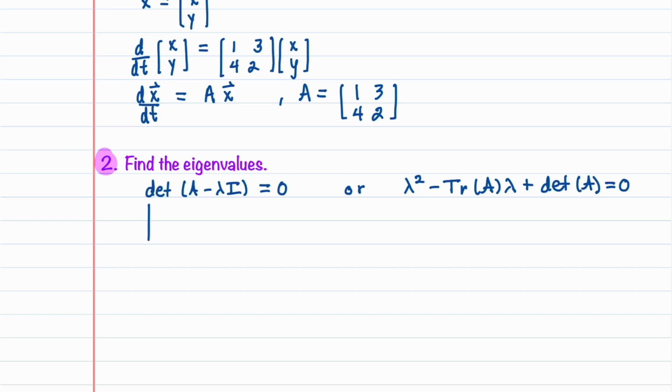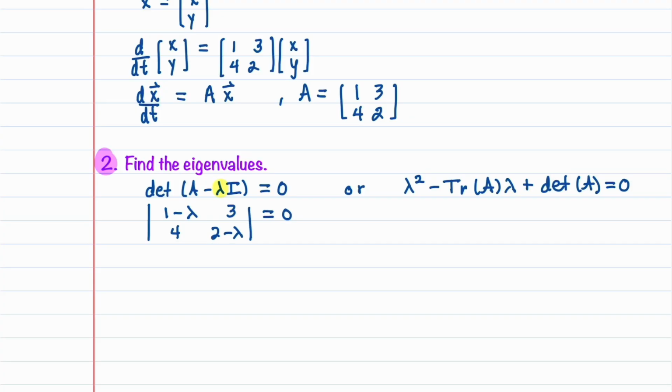We have our determinant, and then we're going to subtract off lambda from our diagonal elements. So this is going to give us 1 minus lambda, 3, 4, 2 minus lambda is equal to 0.